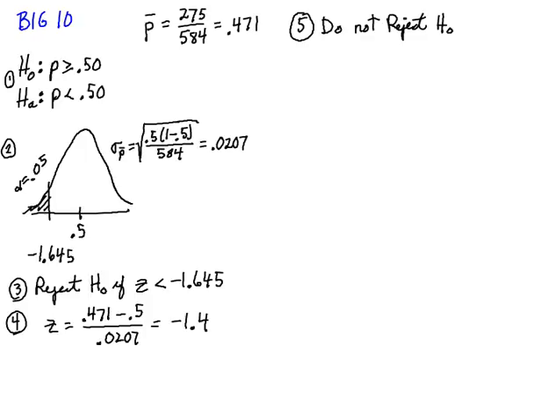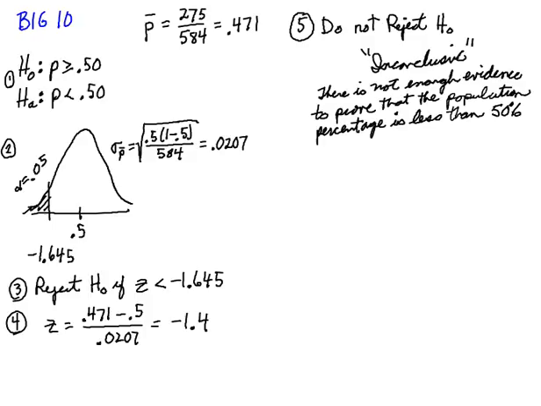We're just saying that the evidence isn't strong enough to reject it. So the test in some sense is inconclusive. There is not enough evidence to prove that the population percentage is less than 50%. Now, the test is done. It's inconclusive. I ended up with the do not reject.